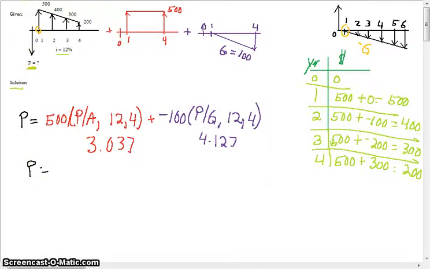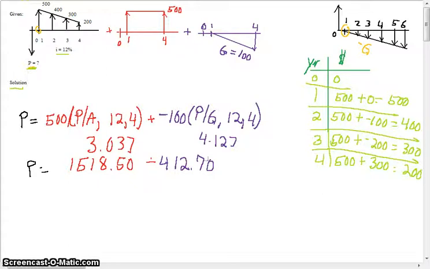500. You do this real quickly. 500 times 3.037 is $1,518.50 minus, now we're going to subtract, and it's 100 times this 4.127, which is $412.70, right?